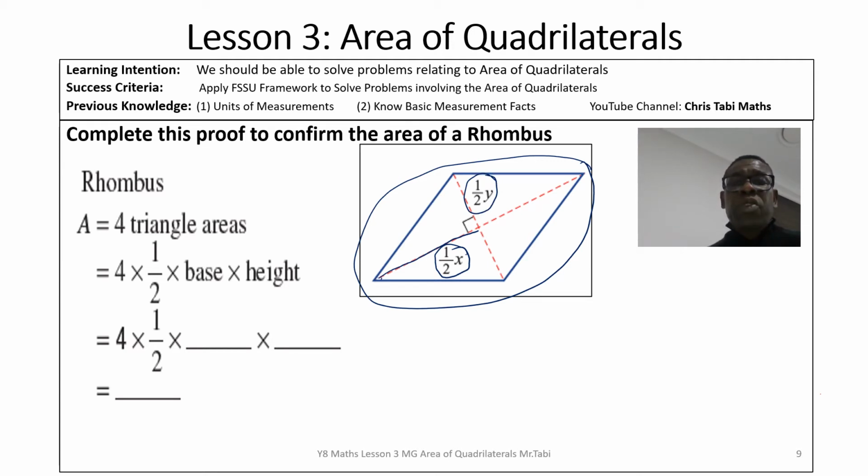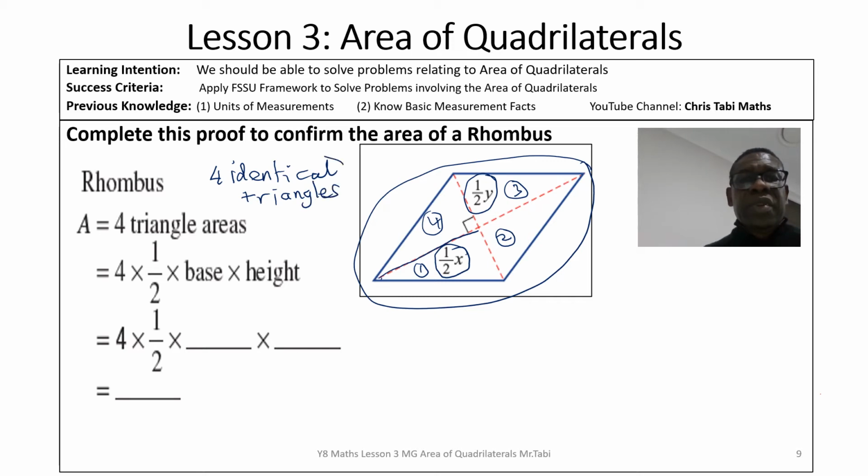Now there are 4 triangles. 1, 2, 3, 4. But they are all identical. So we got 4 identical triangles.